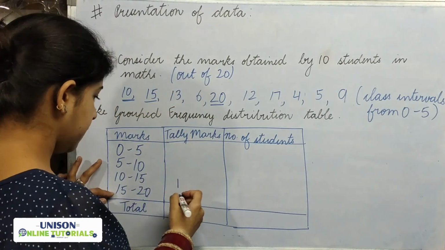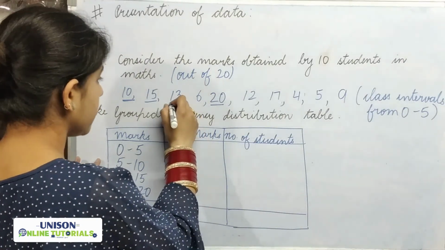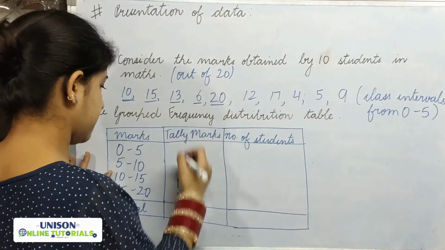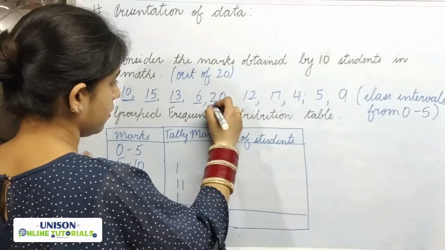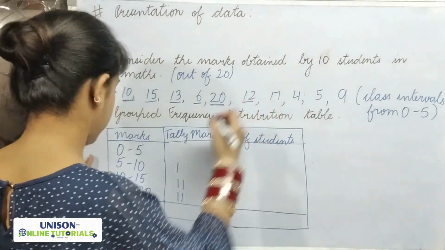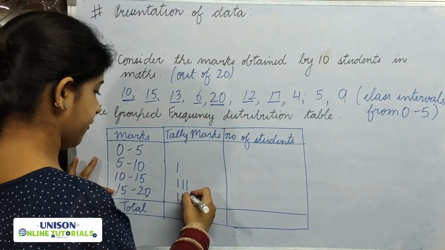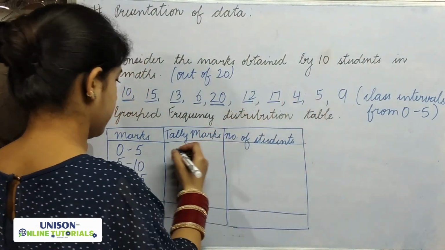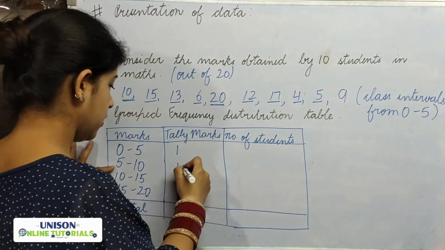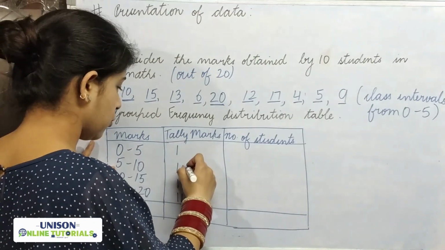Next one, 15. 15 lies between 15 to 20. 13, 10 to 15. 6, 5 to 10. 20, 15 to 20. 12, 10 to 15. 17, 15 to 20. 4, 0 to 5. After that 5. 5 lies between 5 to 10. And last one, 9. It lies again between 5 to 10.